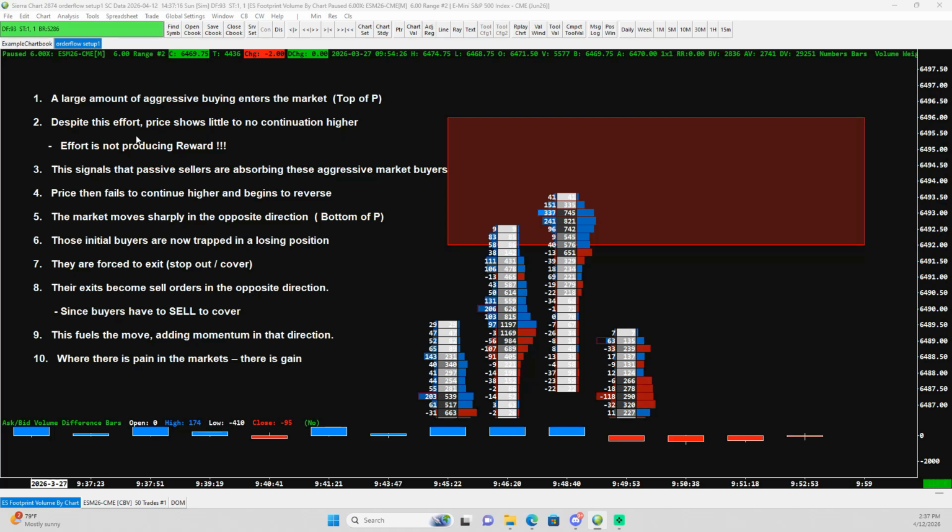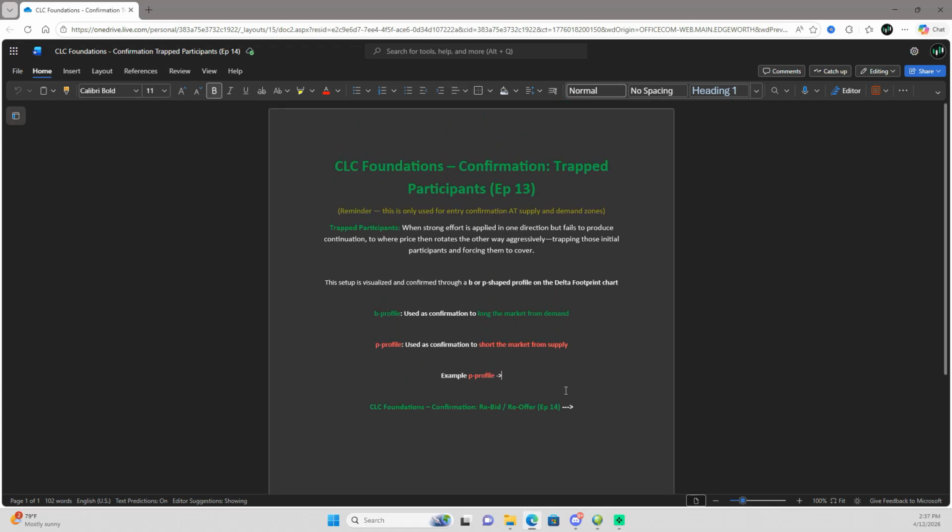Despite that effort from those aggressive market sellers to lower the value of price, you would see little to no continuation lower. And so that would signal that passive buyers are absorbing the aggressive market sell orders that are attempting to lower the value of price, and so on and so forth. I don't need to keep saying anything else about that. And yeah, that is the P profile and B profile.